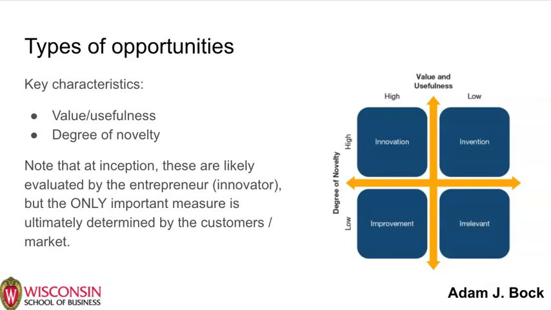So it's low on the novelty side, but it still has some good amount of value or usefulness to you. To an invention where there's a lot of novelty, but ultimately not that much value that can be created. And then what we call an innovation, where there's a lot of novelty and a lot of value potential.